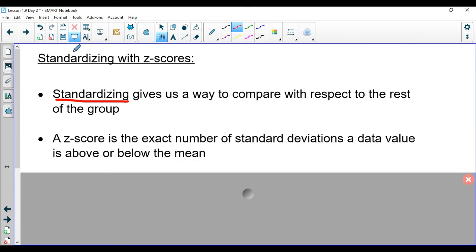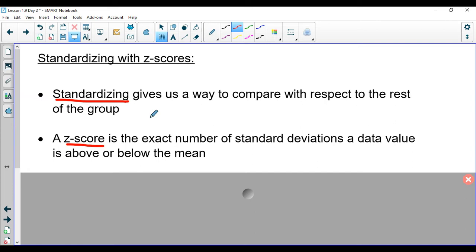Like I said, we're going to use what's referred to as a z-score to help us. Here's what a z-score is: a z-score is the exact number of standard deviations a data value is above or below the mean.